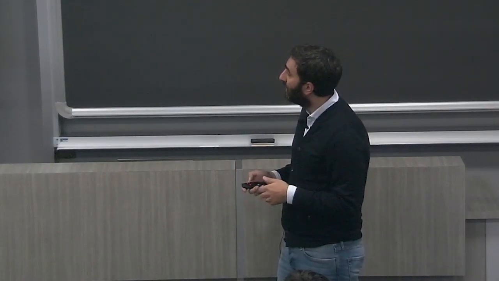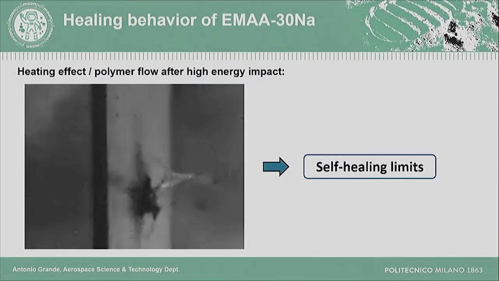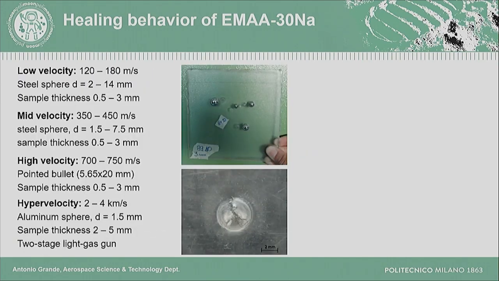The question is: is there a limit to this kind of self-healing behavior? We designed a huge experimental campaign playing with the velocity of the impact, the shape of the bullet, and the thickness of the sample, in order to check the capability of self-healing for different applications.